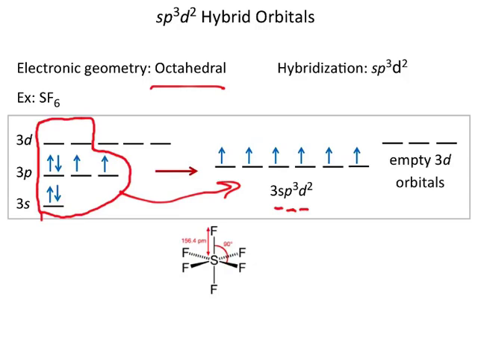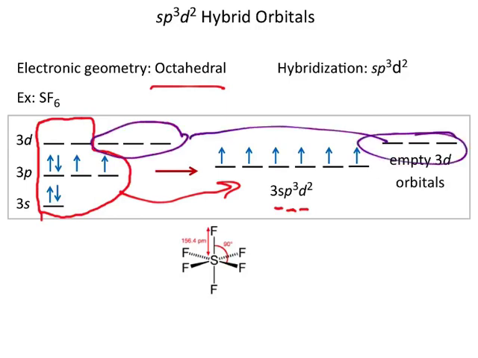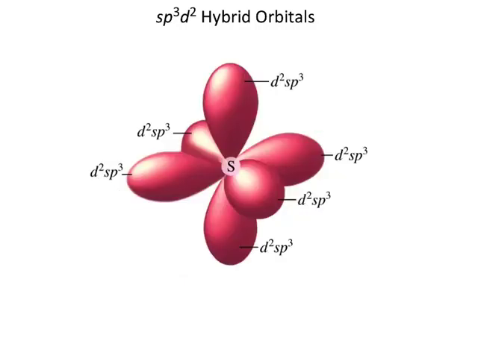And this makes in total 6 hybrid orbitals. And then again you have the empty 3d orbitals that are here that you can't forget about. And these make a geometry that's consistent with the octahedral electronic geometry. Each one of these hybrid orbitals points 90 degrees apart from each other.